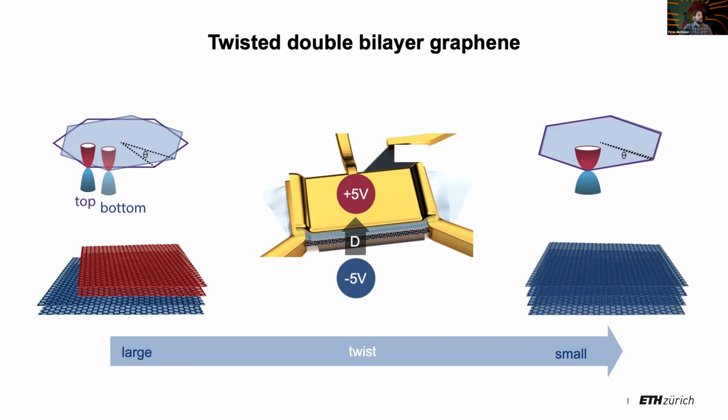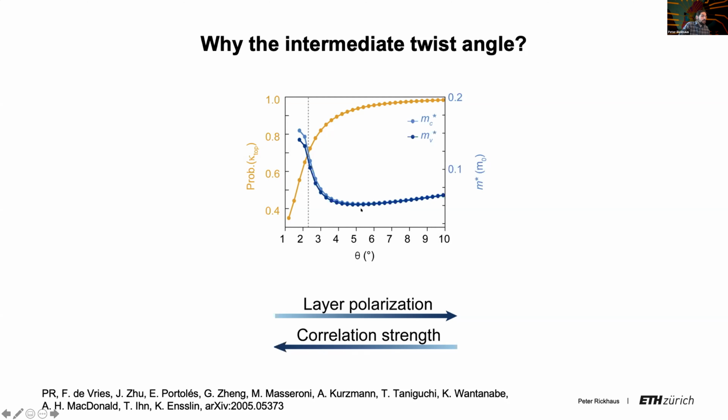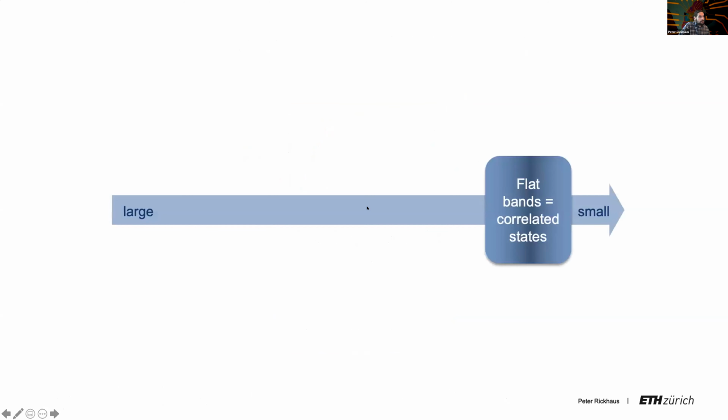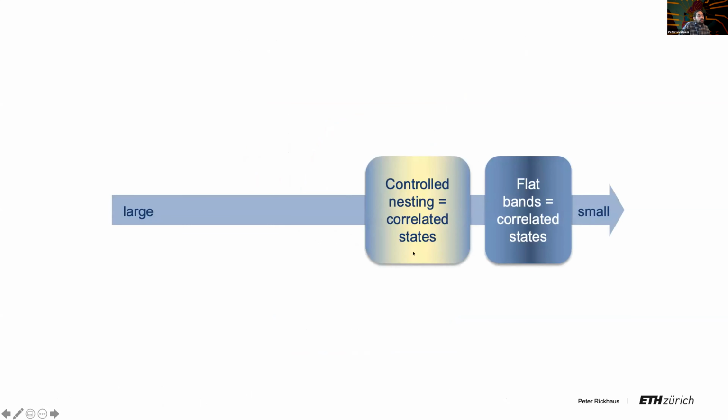So there's a range of intermediate twist angles between 2 and 3 degrees, which favor these correlations that I've shown. So as opposed to the flat bands, we can now control the nesting at larger twists and form correlated states by this.